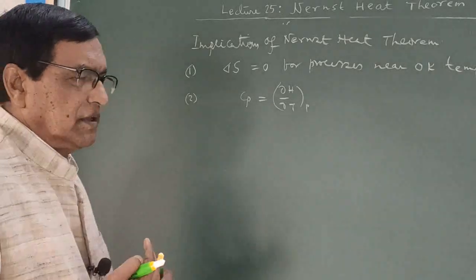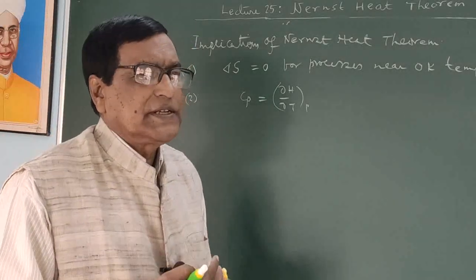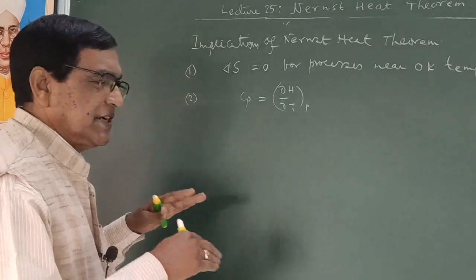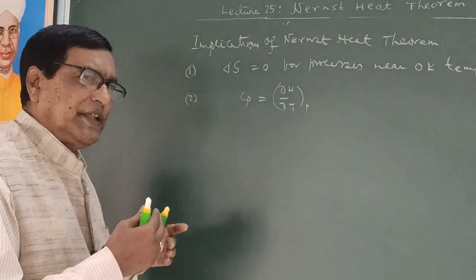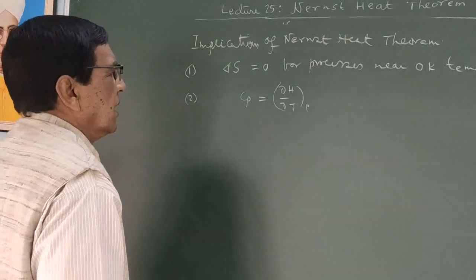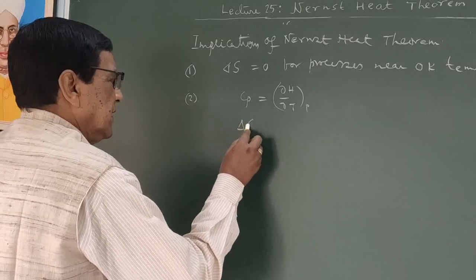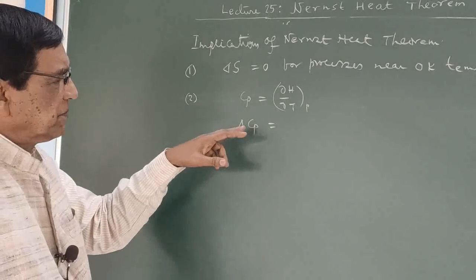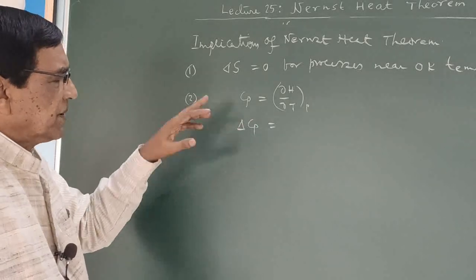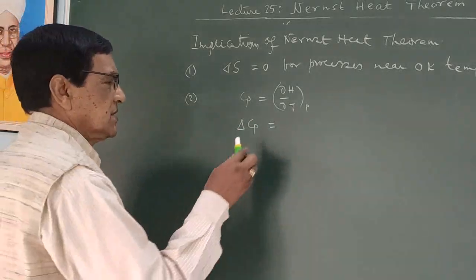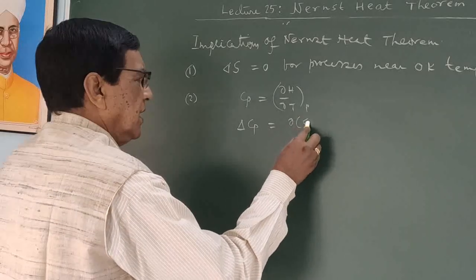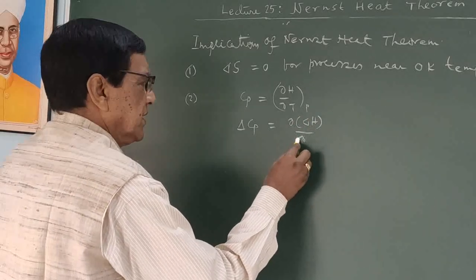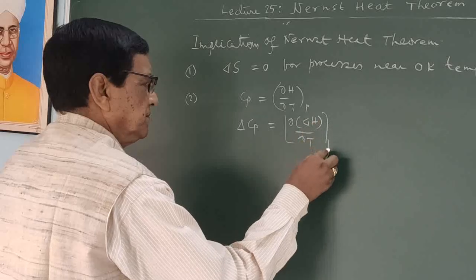So for the two states in a process, initial state and final state, for a process occurring near absolute zero temperature, the change in constant pressure molar heat capacity, del Cp, will be equal to del H by del T at constant pressure.